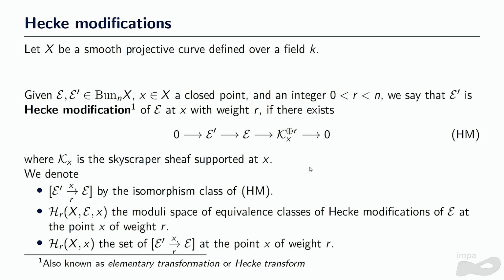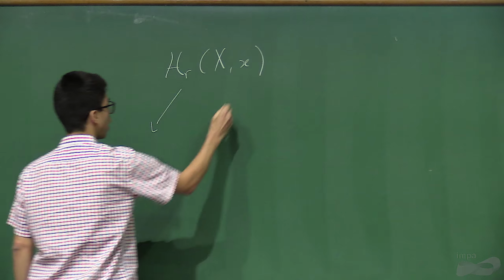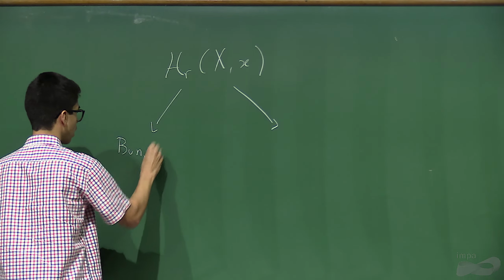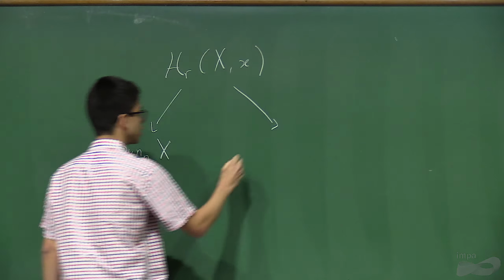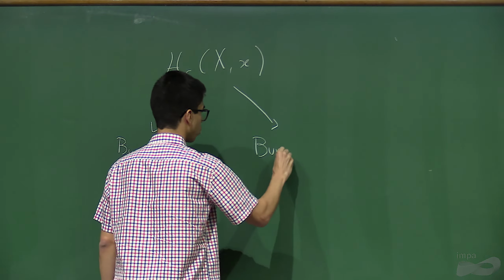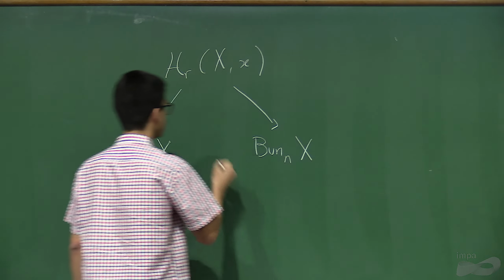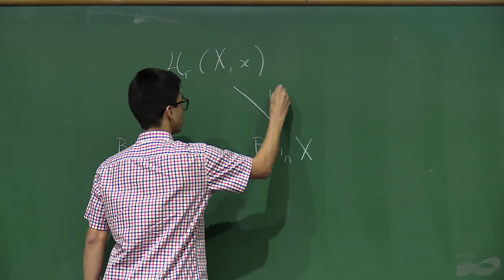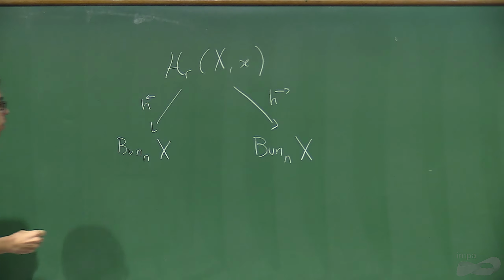We do have here two maps from bar H_R^x to Bun_n(X), the set of isomorphism classes of vector bundles. I'm going to call these H and H here, okay?